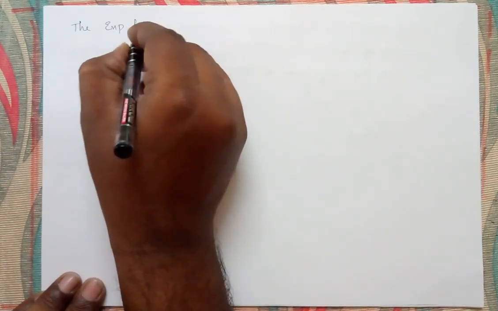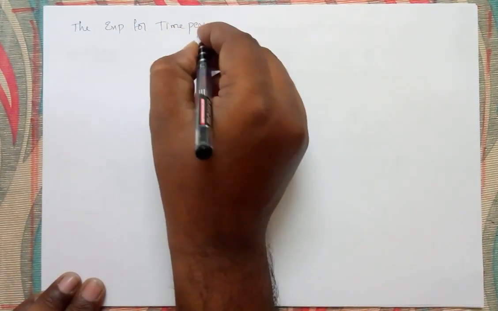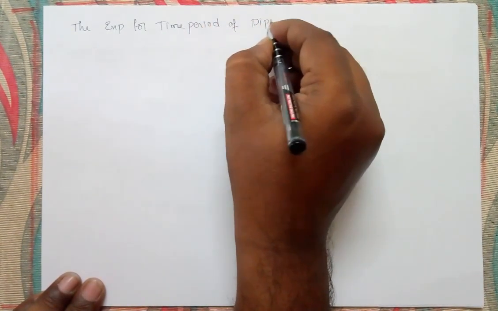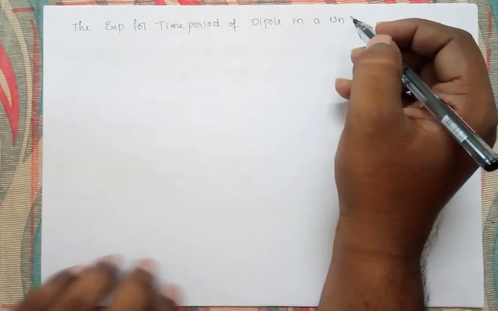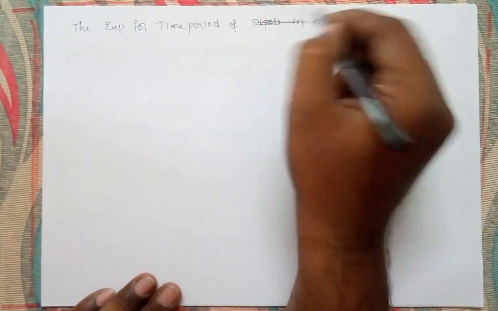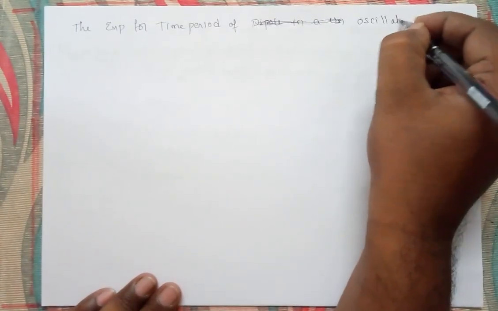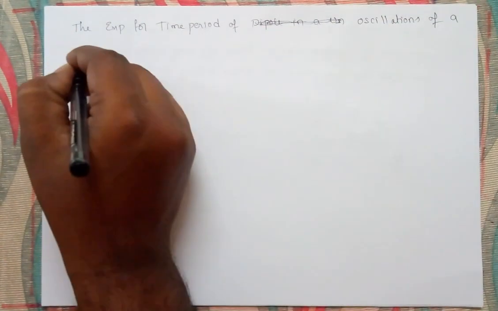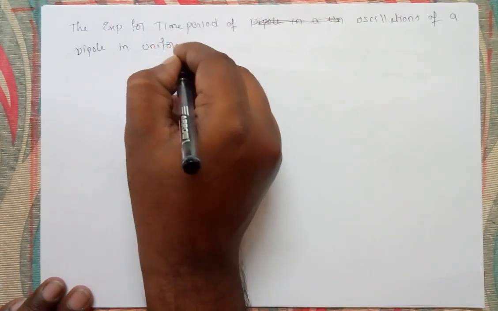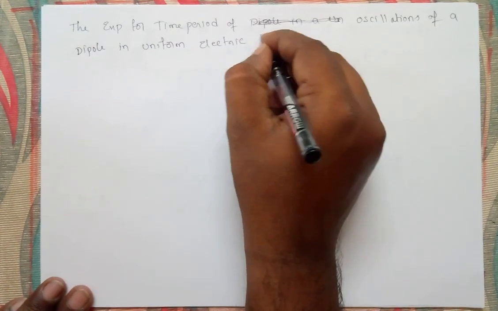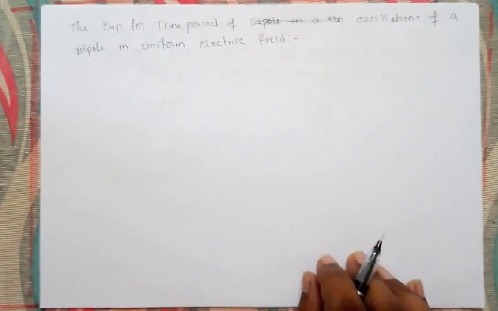The time period of the oscillations of a dipole in a uniform electric field, the expression for the time period of oscillations of a dipole in a uniform electric field.